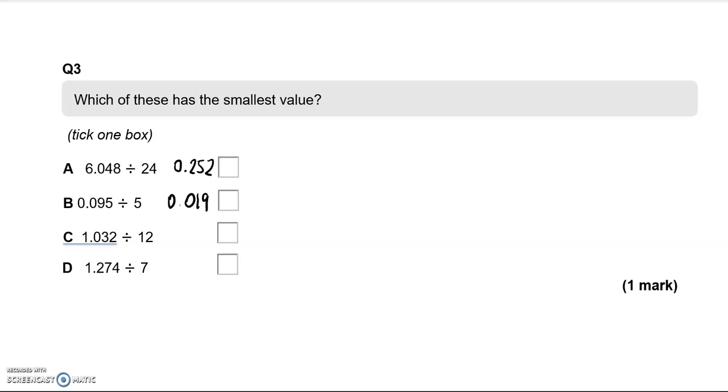The third one makes 0.086, and the fourth one gives us 0.182. So the one with the smallest value is B.